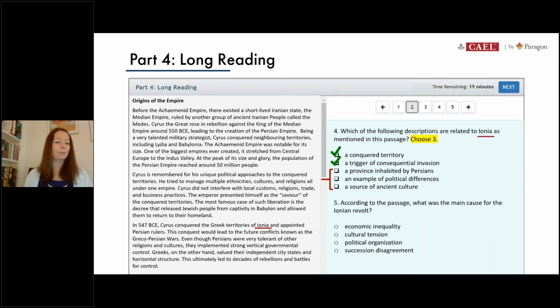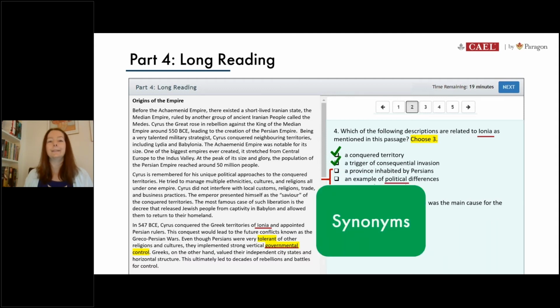So returning back to where I just left off in the text, I'll continue to skim read, looking for more ideas. And I'm reading about how Persians were tolerant, and then I see something about governmental control. And I'm going to pause there because the word government connects back to the word political in these answer choices.